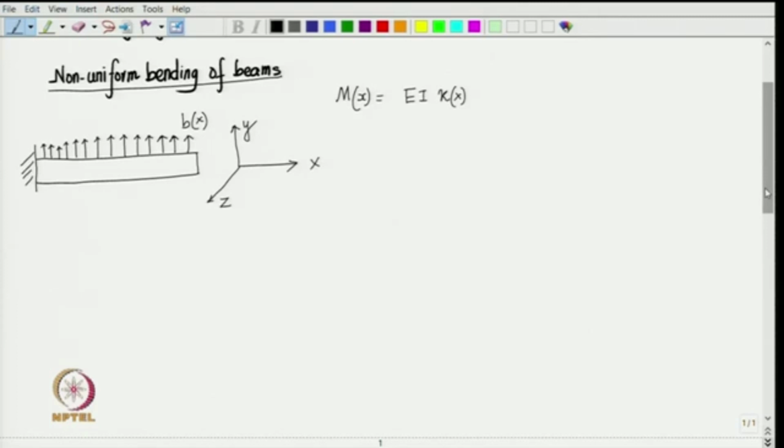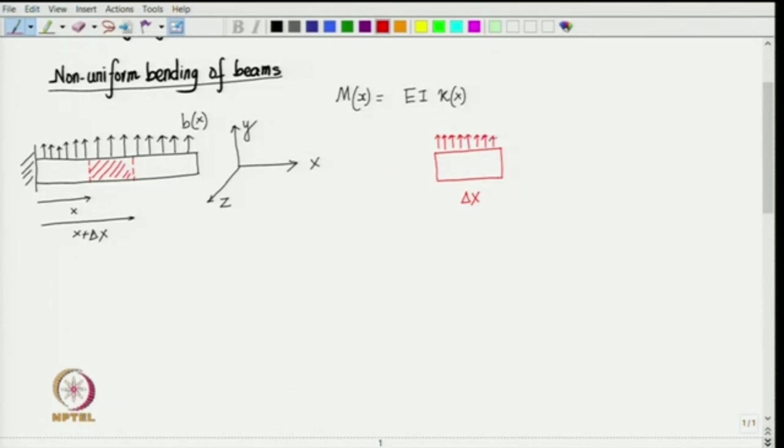Now, let us cut a small section of this beam at a distance x and x plus delta x, and draw its free body diagram. Here is that section, the length of the section is delta x, and we have B of x as a distributed load on this small section.